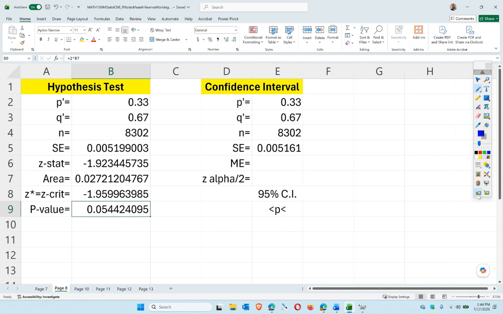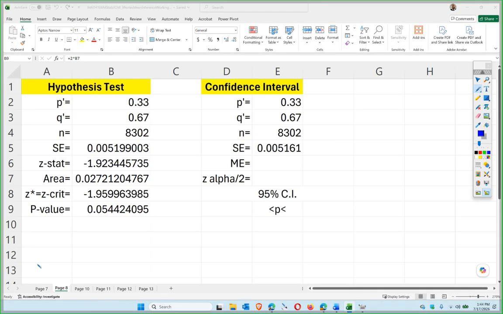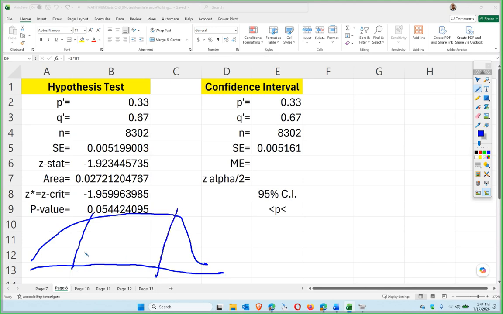If I draw the picture again, this is going to be 0.95. This will be 0.025.